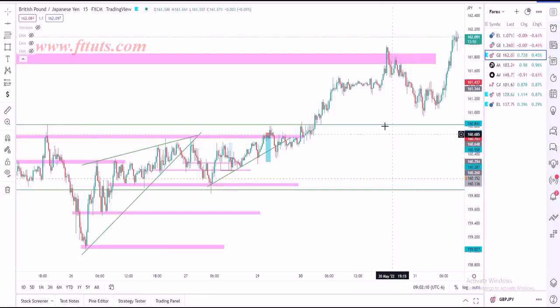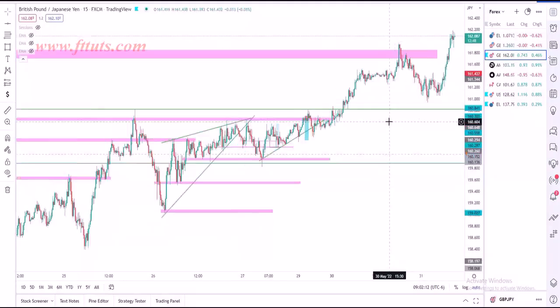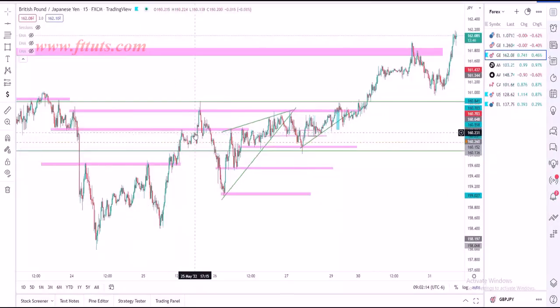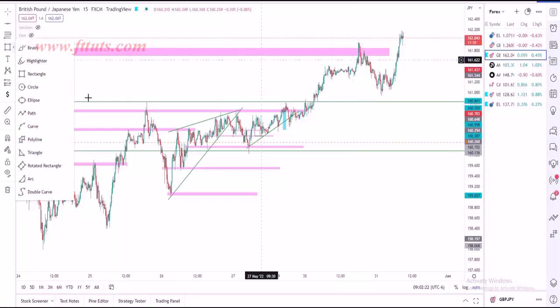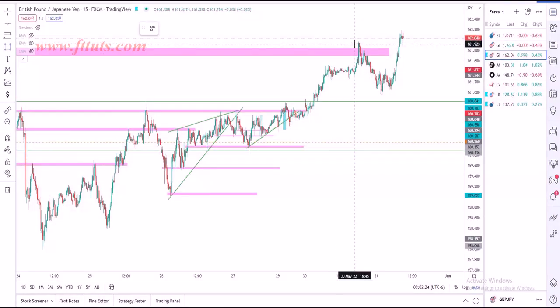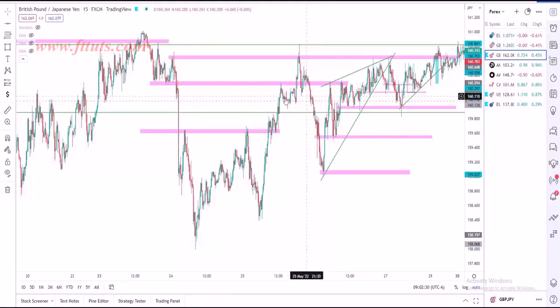But usually, if price doesn't have a level like right here, then I'm not plotting it in. I'm just going with price, plotting the high. In this case, we can see that there's a break and a retest, and then we'll see where it goes from there.